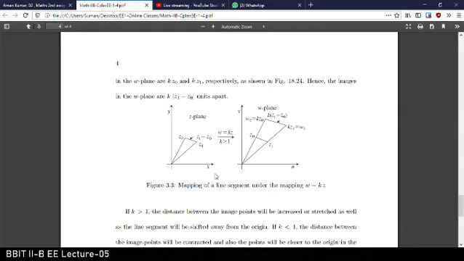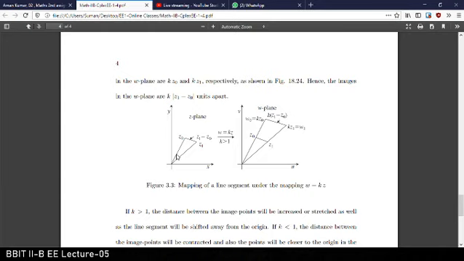Now consider, suppose these two are points. What are we talking about? Suppose one line segment is there which joins the points z0 and z1. Then this is the line segment, and this length will be modulus z1 minus z0.